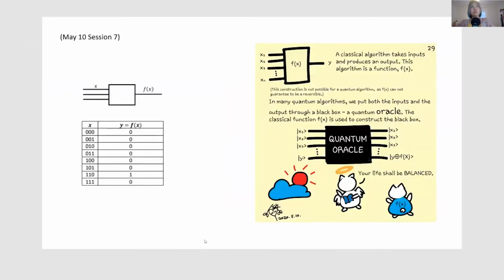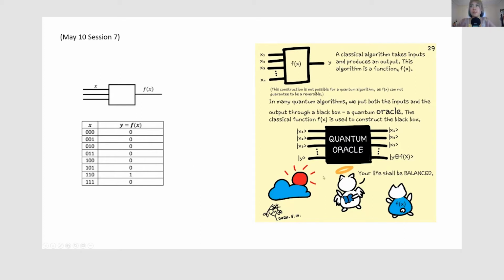Okay, so when we are building an algorithm, we will need to have this oracle when you want to use interference in your algorithm. This oracle is like a black box. We have learned about this in session 7 on May 10th, and we used the Deutsch-Jozsa algorithm to understand the concept of quantum oracle.